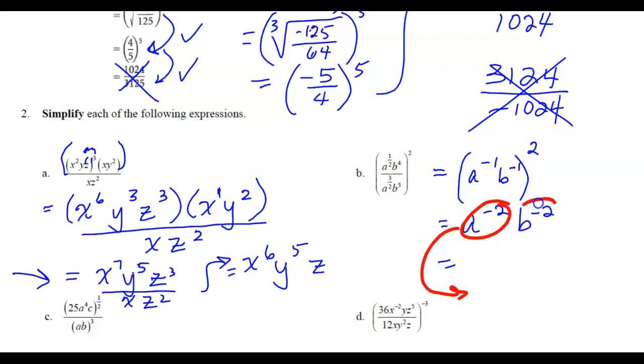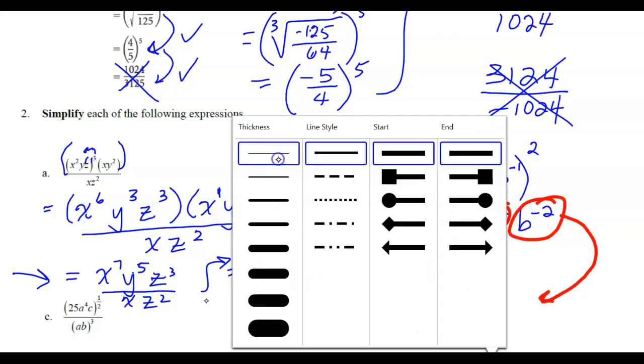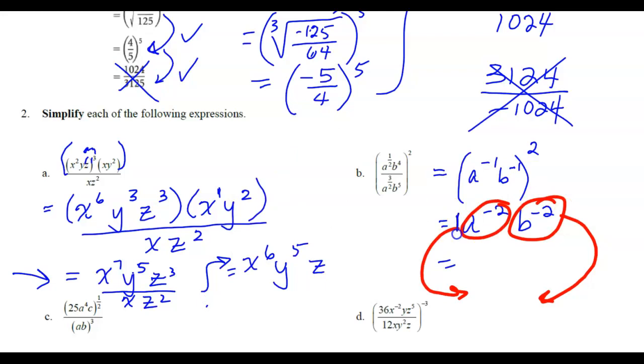What's going to be up top? 1. Not 0, not A, not B. It's going to be 1. Because this is like 1 times a to the negative 2, b to the negative 1. So 1 stays there, a squared, b squared. Okay.